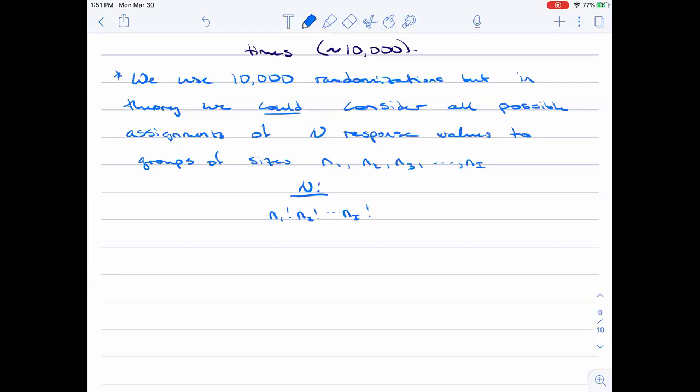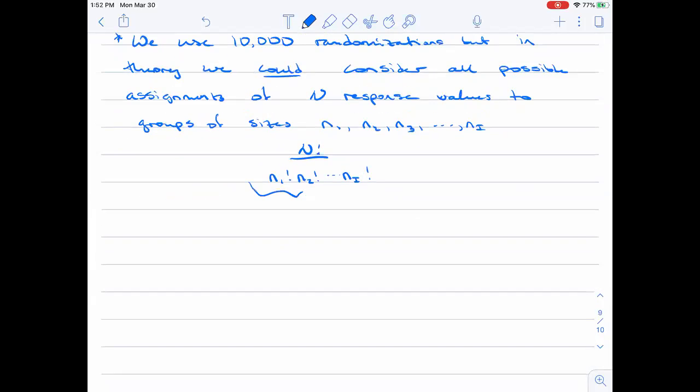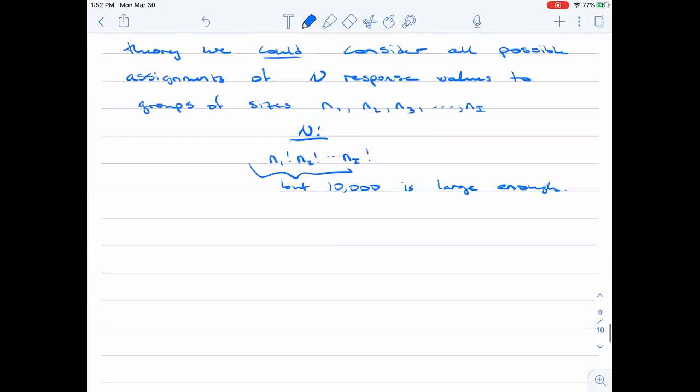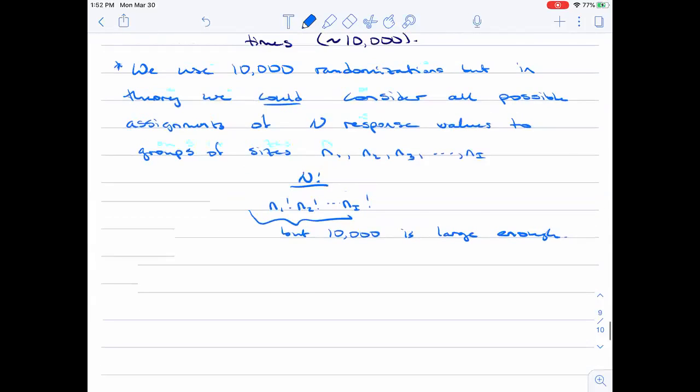But 10,000 is large enough, so we don't consider every single combination. We could, and this is how we would do it, but what we've decided is that 10,000 should be sufficient.